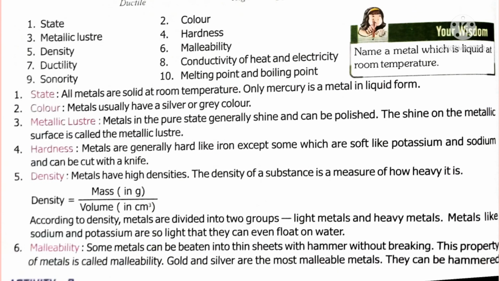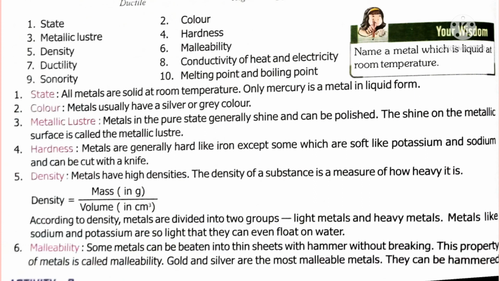Now let's discuss some physical properties of elements. Some physical properties are state, color, lustrous property, hardness, density, malleability, ductility, conductivity, sonority, melting point and boiling point. Basically all metals are solid except mercury.